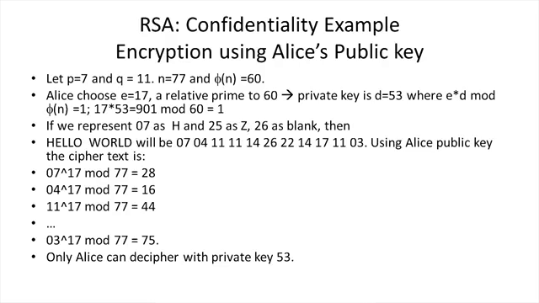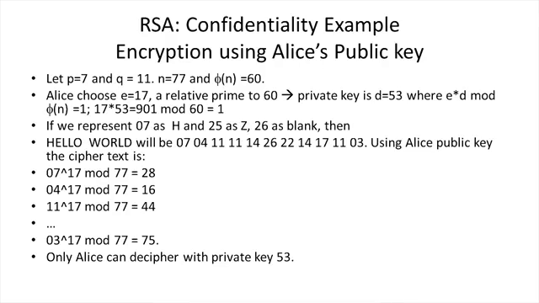Alice would then announce her public key, the two-tuple E and N, which in this case is 17 for E and 77 for N, and send it to Bob over a public channel.